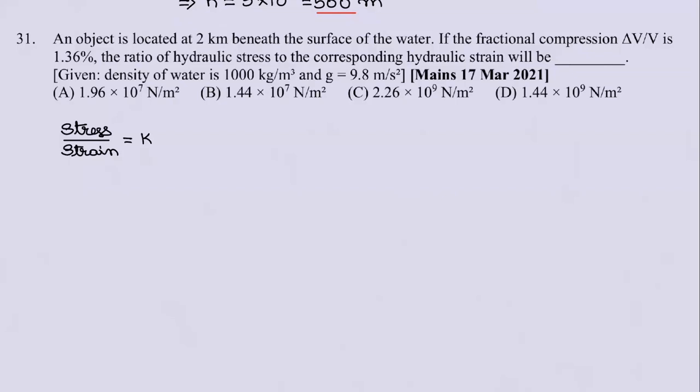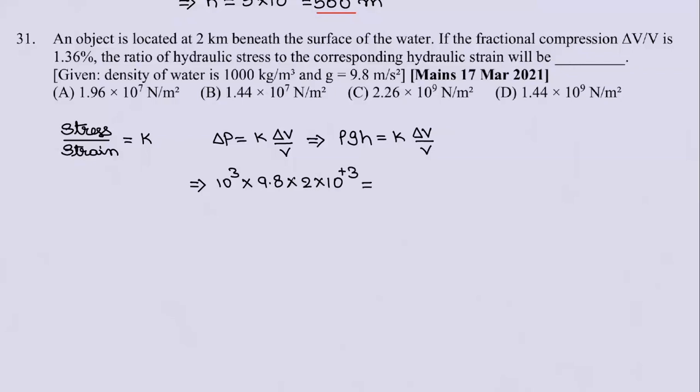I'll recall the formula. Delta P is equal to K into delta V by V. So delta P can be written as rho GH. That is, rho GH is equal to K into delta V by V. Ultimately, they want K. Then we can calculate: rho 10 power 3 kg per meter cube, G 9.8, height H 2 kilometers, 2 into 10 power 3, is equal to bulk modulus.